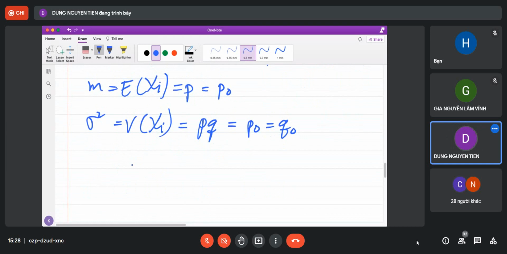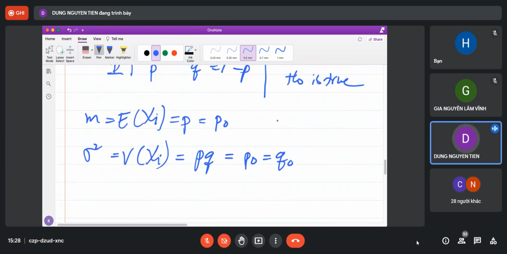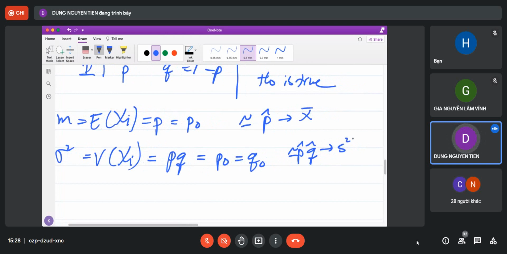By the way, you can approximate P by P hat, which plays the role of X bar, and Q can be approximated by Q hat. So P hat Q hat plays the role of S squared.